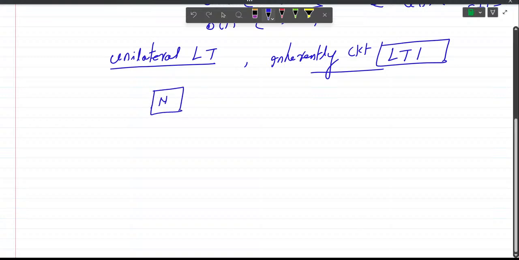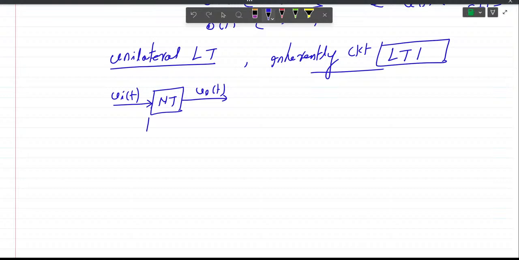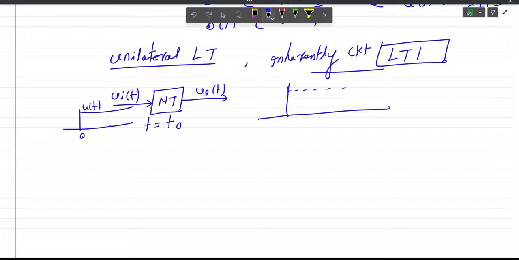Let's say we are discussing a network here. You are given an input v_i(t) and you need to find the output v_0(t). If the switching takes place at t equal to 0, suppose you have applied u(t) as an input. Let's say your output is like this, starting from 0 and going up.